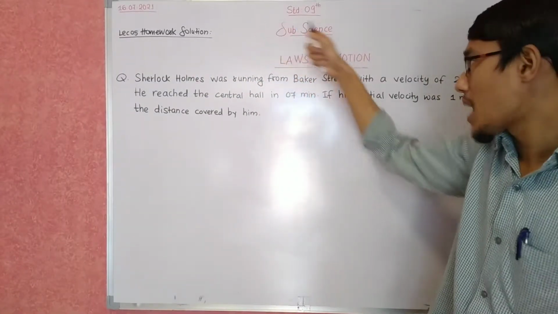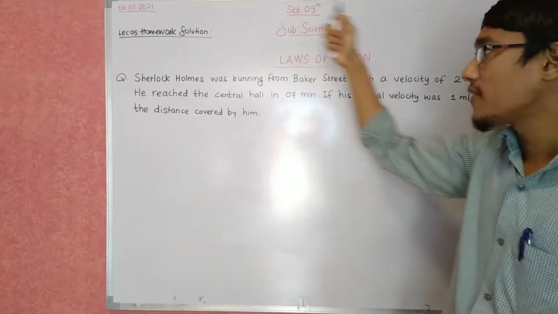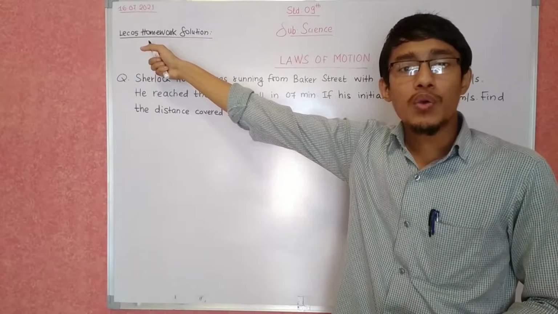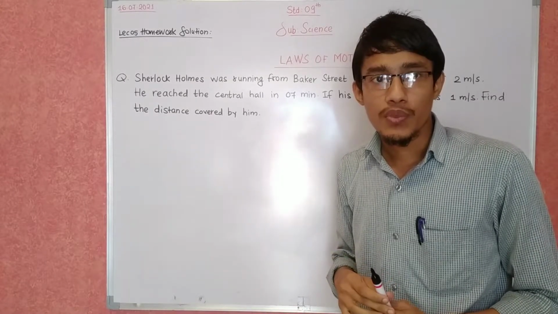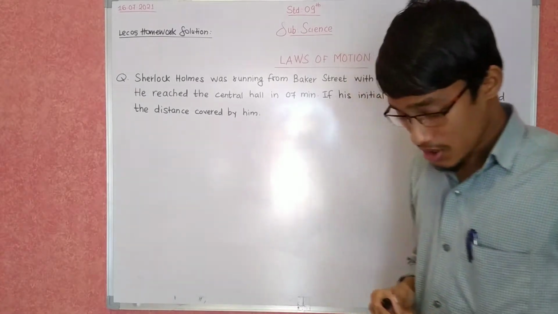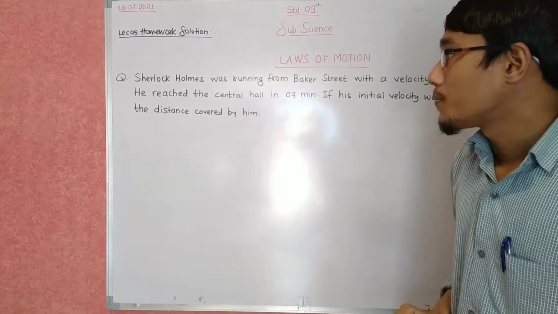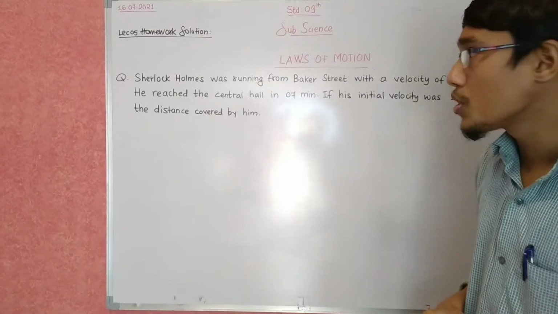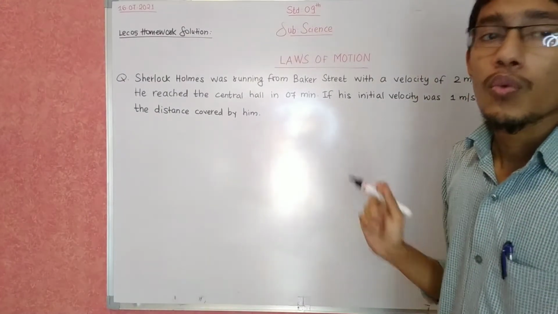We were studying chapter 1, laws of motion, and in lecture number 5 I explained how to solve numericals related to kinematical equations. I gave one numerical to solve as homework, and in this video I am going to explain the solution for that question.